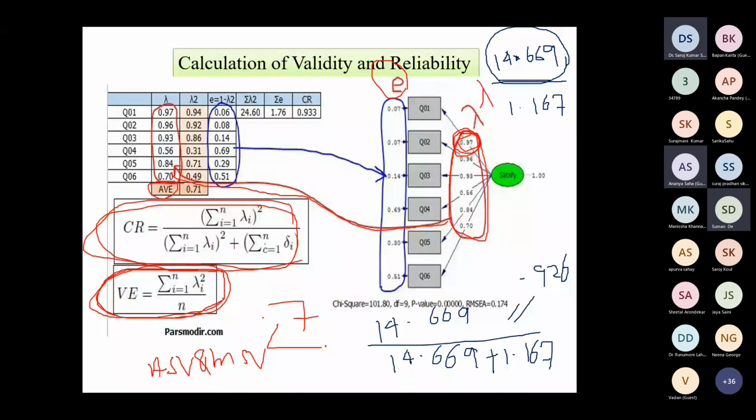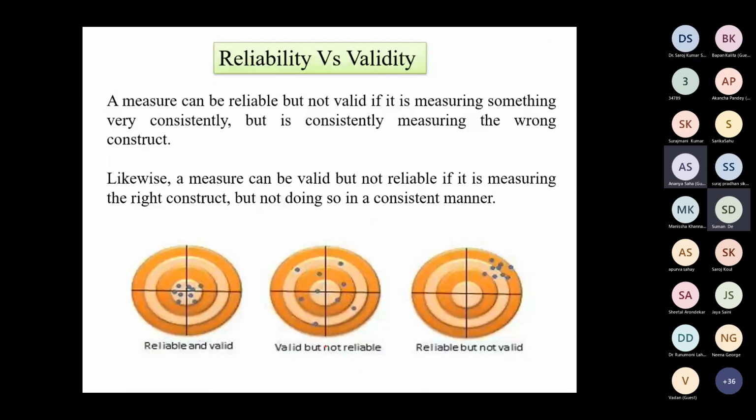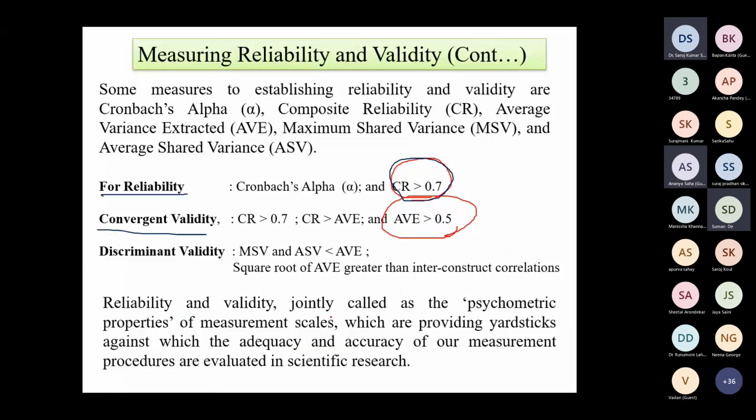Average shared variance and maximum shared variance must be lesser than average variance extracted in order to prove the discriminant validity. See, look at the standard. MSV and ASV must be less than AVE in order to prove the discriminant validity.